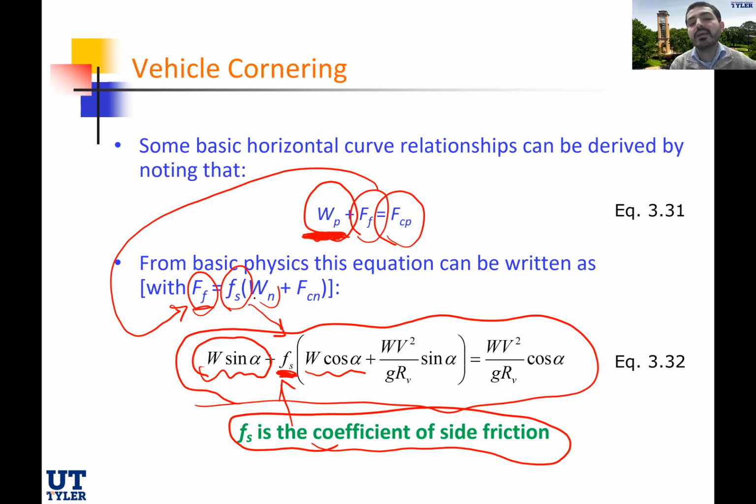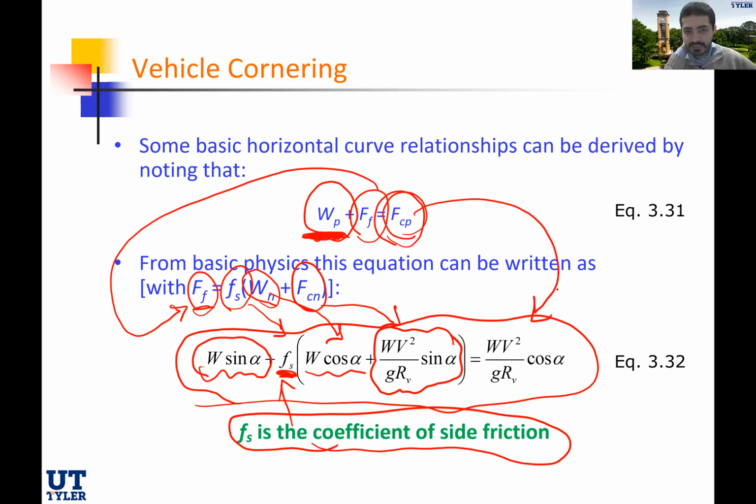That's the normal component of the weight of the vehicle, plus W V squared over G times RV times sine alpha. This is the centripetal force in the normal direction, and this is from physics as well. You can go back to physics to get the centripetal force. This all has to be equal to FCP.